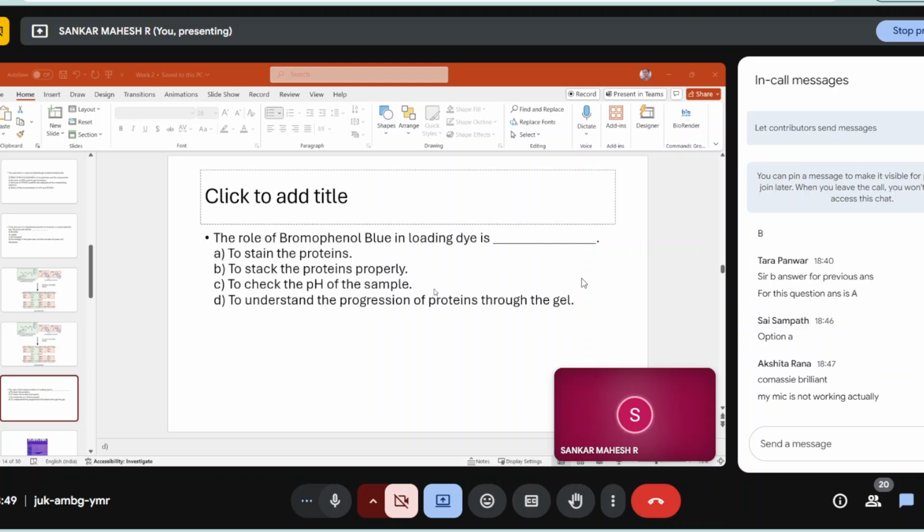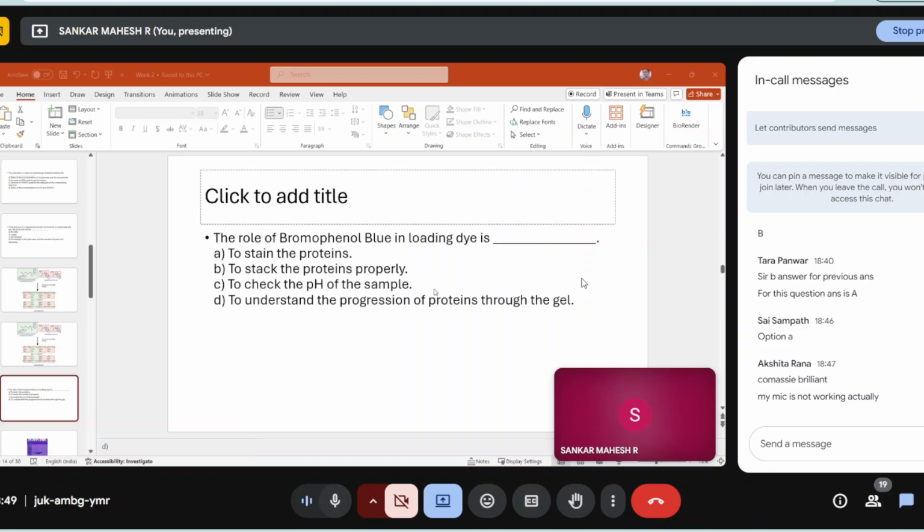One is 6.8, the other is 8.8, and that is what would define how the migration happens. So option C can be eliminated, and option B, to stack the proteins properly. For this purpose we have a stacking gel followed by a resolving gel. So it has nothing to do with the loading dye per se.